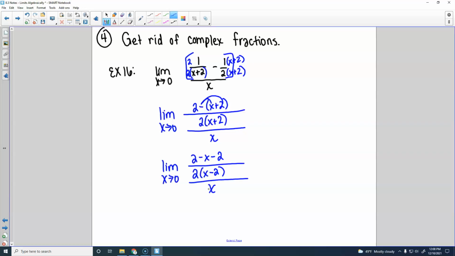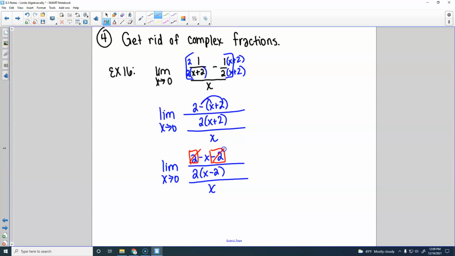All right, what can happen now? Okay, we can put our like terms together, and when we do that, in this numerator right here, I got 2 minus x minus 2, so this 2 and this negative 2 go together, and what happens when we do that?